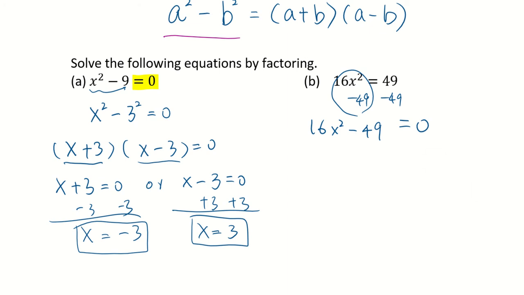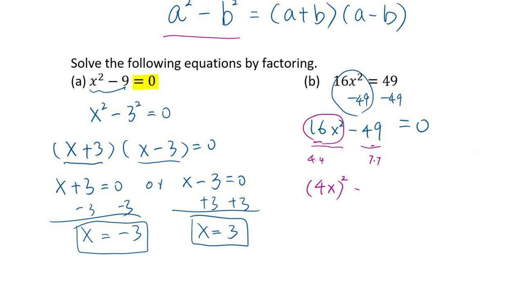We have two terms here. One is 16x squared, the other one is negative 49. Do they have any GCF? Between 16 and 49, I know 16 is 4 times 4, 49 is 7 times 7. They do not have any common factor. So we can't factor it by using GCF. But 16x squared can be seen as 4x squared.